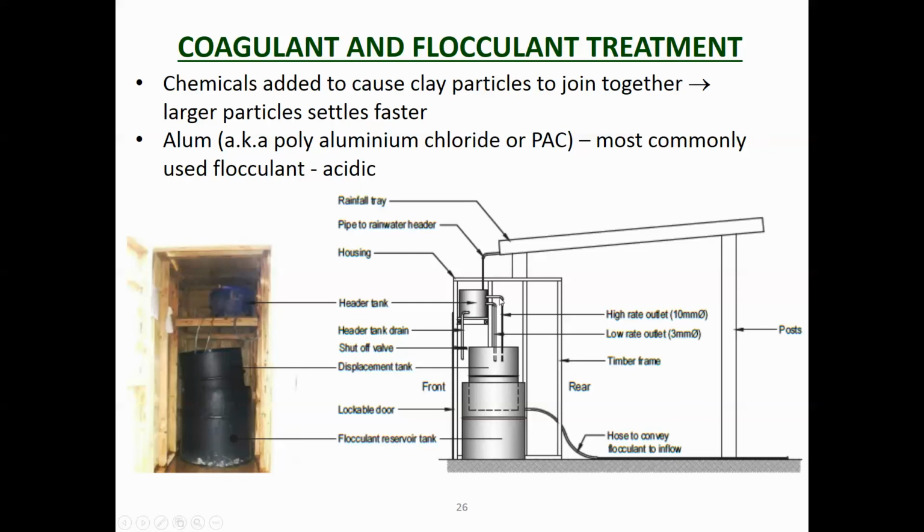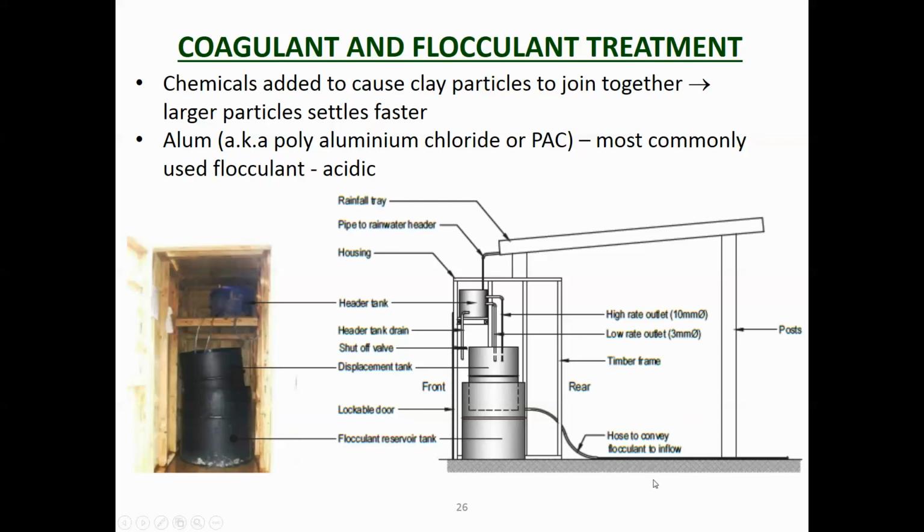The header tank then flows into this displacement tank, which, as it fills up, drops down and feeds flocculant. So this is where the flocculant is, and it flows into a hose which overflows into the incoming water. So this thing only works when it rains. So when it doesn't rain, flocculant is not getting fed into the water. It's the rain that causes the flocculant to get fed into the water.